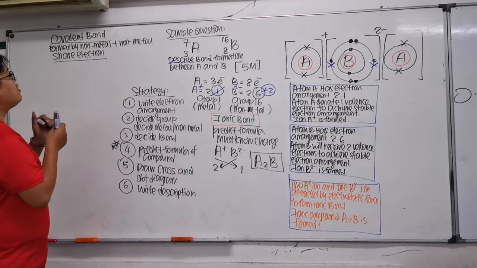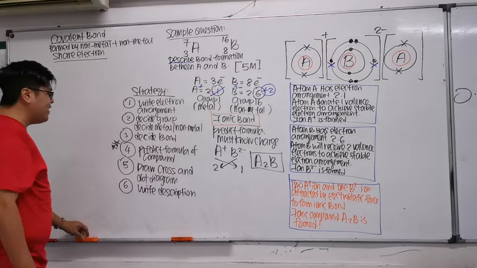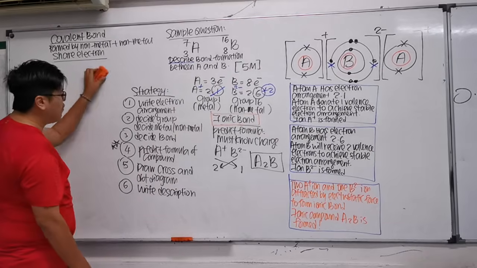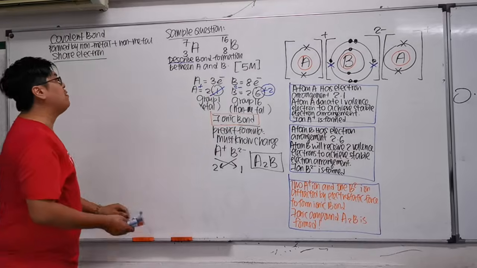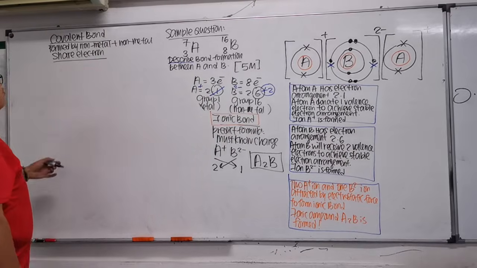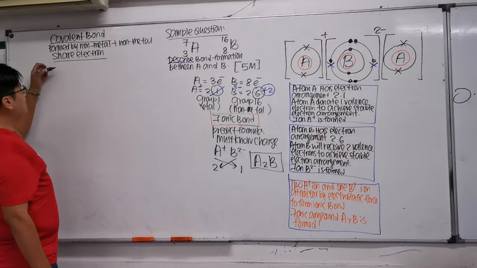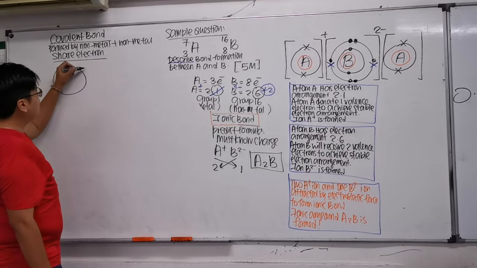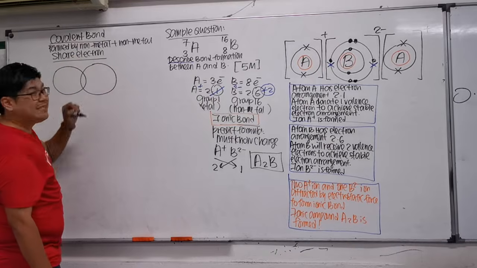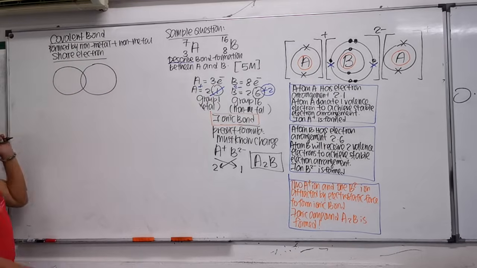Okay, now I want to teach you some simple rules first, before we go on. How to show the shared electrons, I will show you later here. To show sharing electrons, you must draw something like this. This thing you learned a bit in mathematics, called a set diagram.